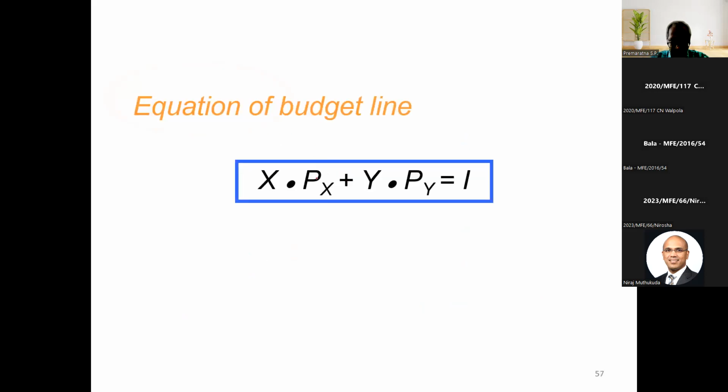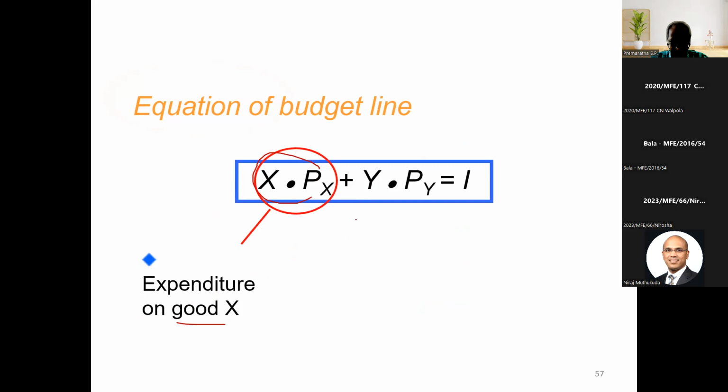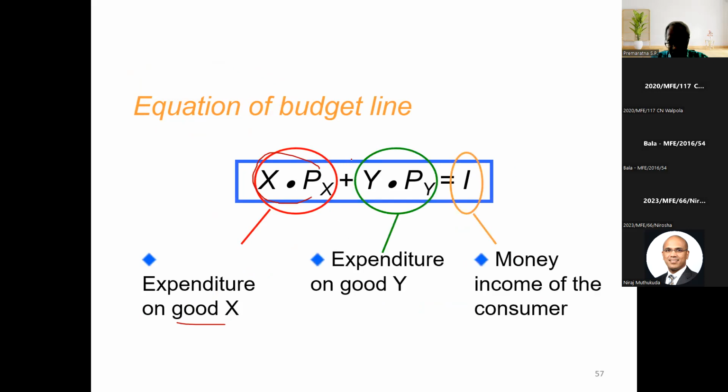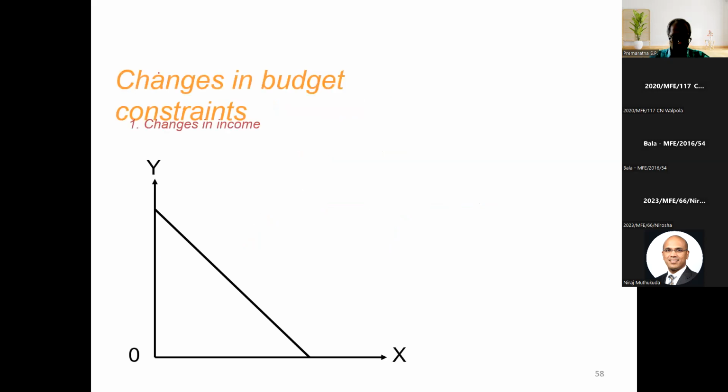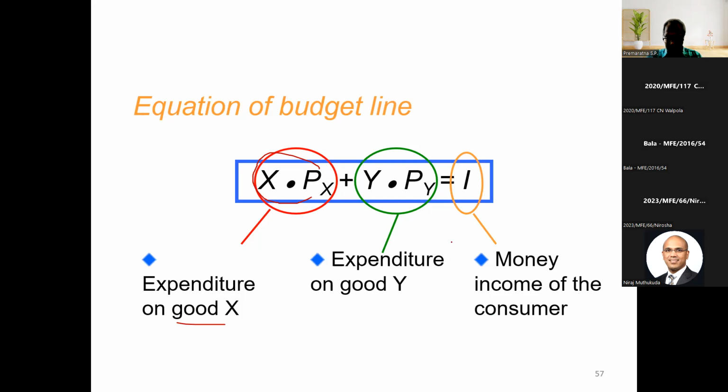Now, this is the budget line I showed you, and this is the expenditure on good X. This is the expenditure on good Y. This side income. So that we did discuss. And now look at this, how the budget line changes due to different shocks or policies or changes.